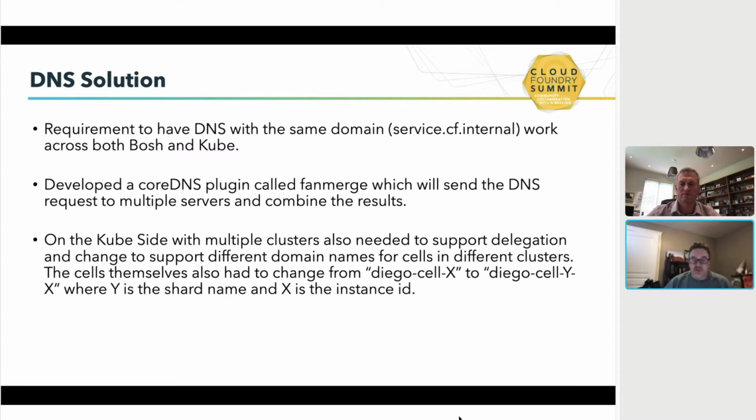We had to develop a new plugin to CoreDNS called FanMerge, which will send the DNS requests to multiple servers and combine the results. We also had to do some delegation to delegate some of the DNS requests from a single Quarks DNS to multiple Quarks DNS to resolve the cell IPs.